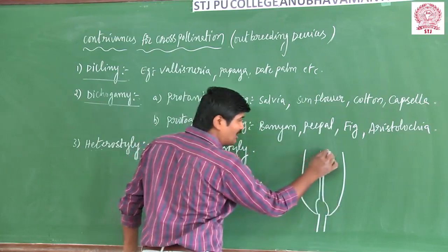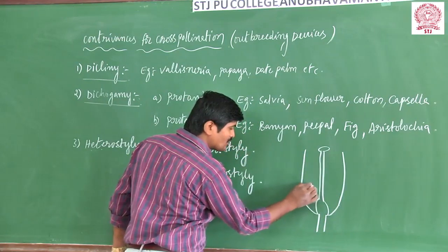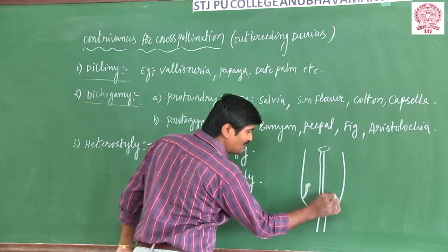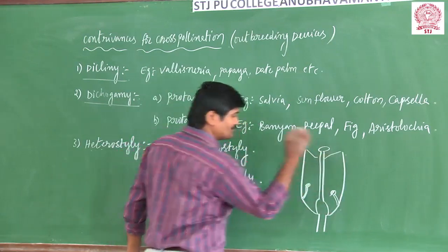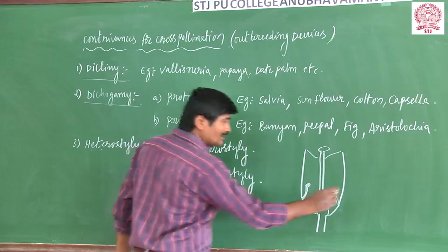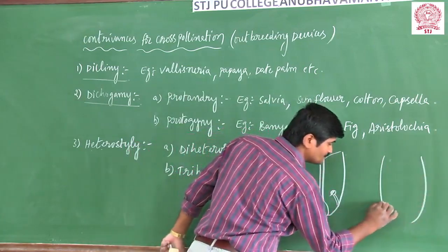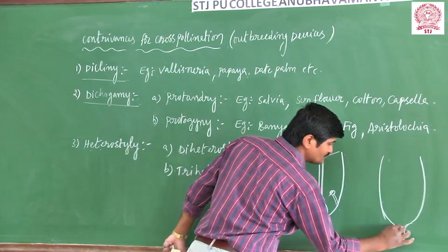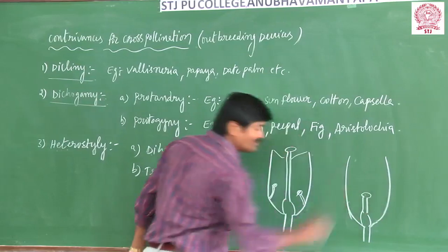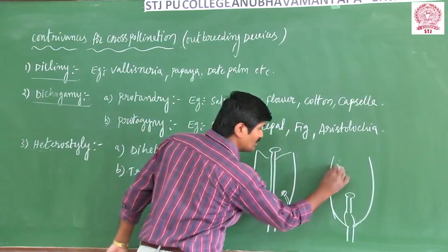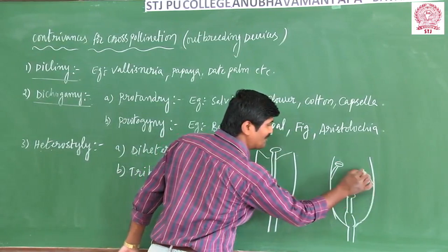This flower contains a long style and a short length of the filament of the stamens. Second one has a short length of the style and a long length of the filament of the stamens.